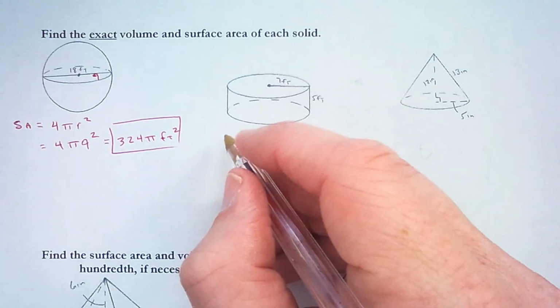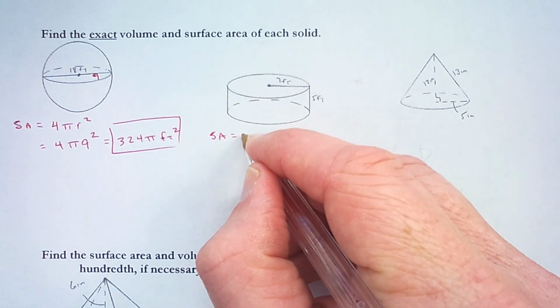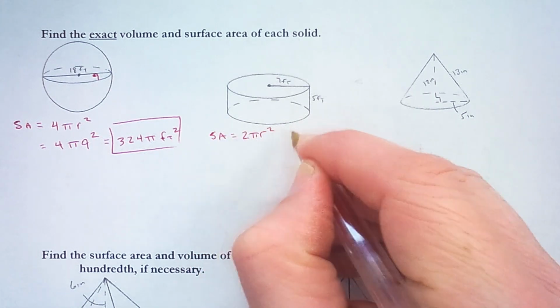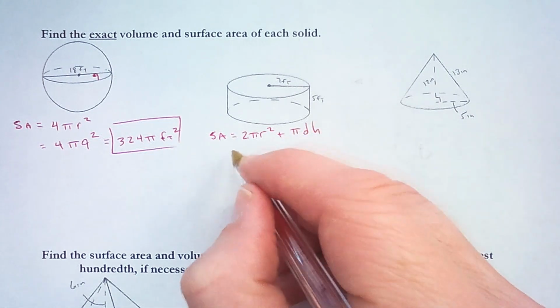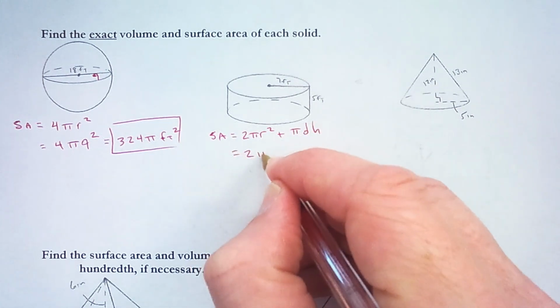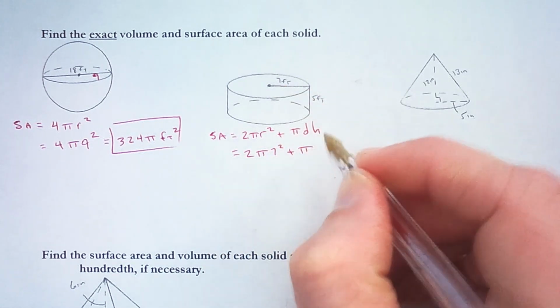Here we have a cylinder. For a cylinder, the formula for surface area is 2 pi r squared plus pi d h. So r is the radius, so that's 2 pi 7 squared plus pi.